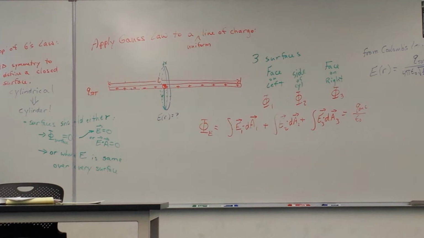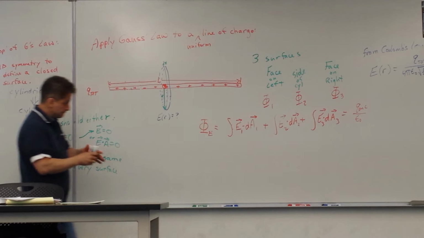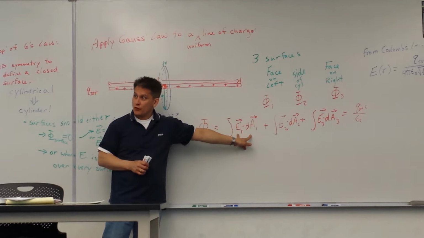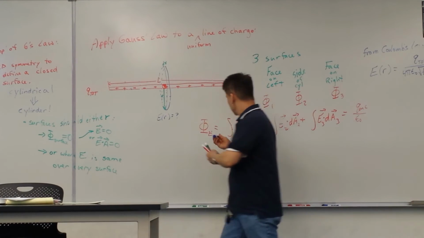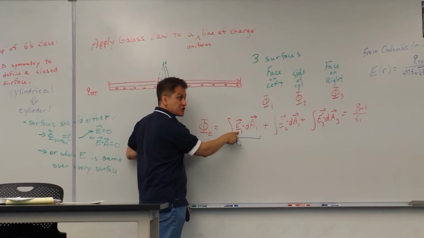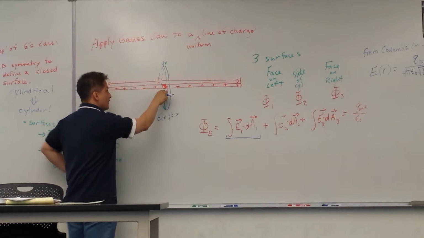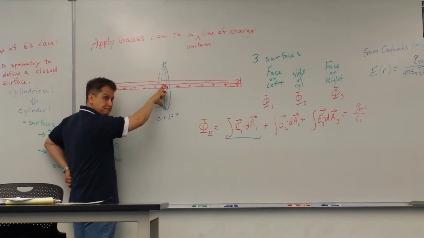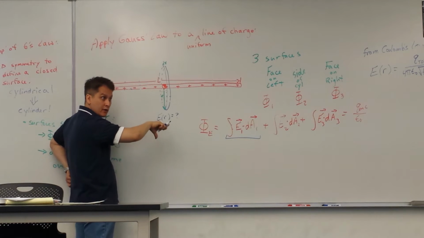Now, as long as we stay in this narrow little region, over the first surface area, E is not constant. E varies with distance away from the center. So we have a varying E relative to how far away we are as we go from the center of the face outward.